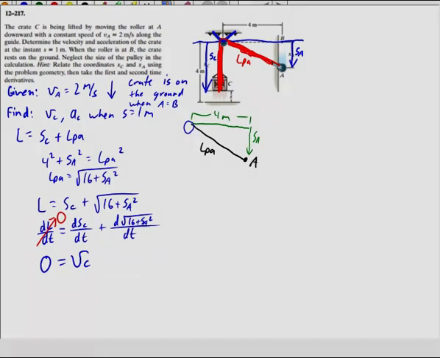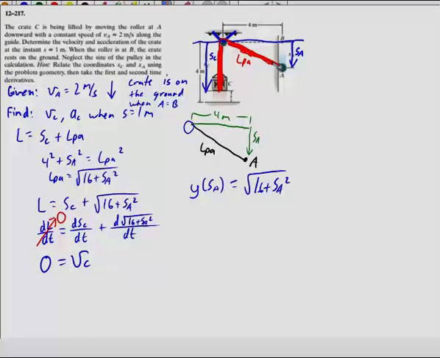If you remember, the chain rule says that if we have a function y, in this case, I'm just going to make our y a function of SA instead of a function of x, because SA is the variable that we have here. And I'm going to call that function square root of 16 plus SA squared.